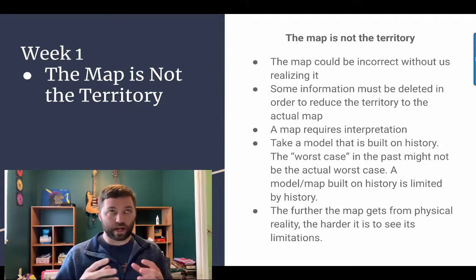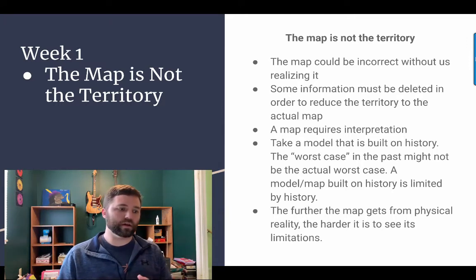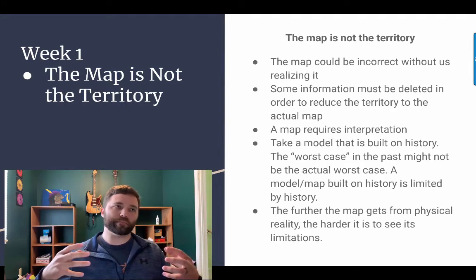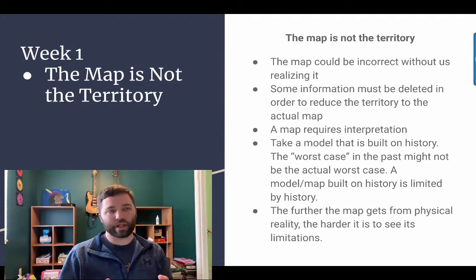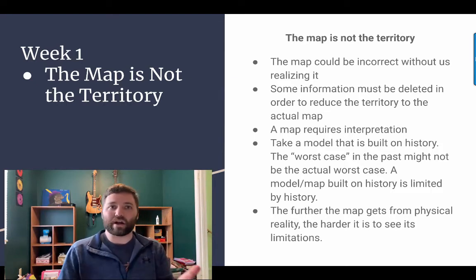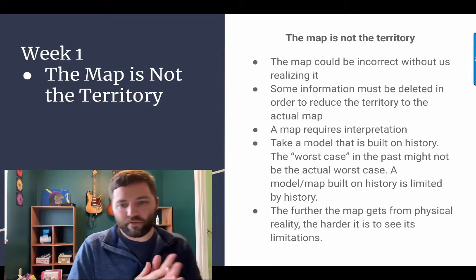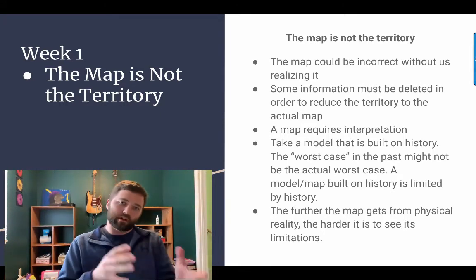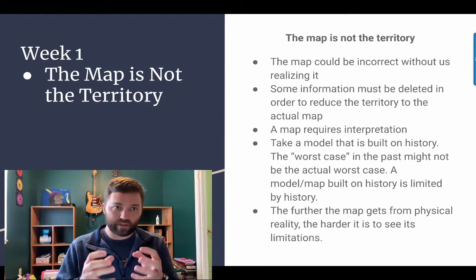This happens, I think, quite frequently in sociology or anthropology, or situations in which we're trying to model complex human interactions. So we could have something wrong in our analysis and we might not know it. Some information gets deleted to reduce the territory to the actual map, and that's a feature.